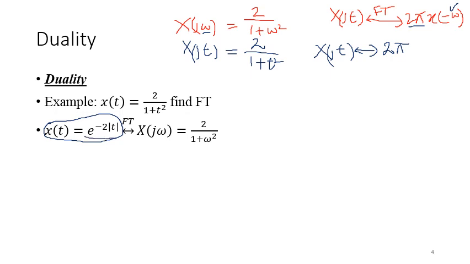So scaling by a factor of 2 pi and replacing t here with minus omega. Because we are taking the absolute value, whether we take minus omega or plus omega, the absolute will result in the same. So we get e power minus absolute of omega. So this is the Fourier transform of the signal, and you can see how straightforward it is to find.